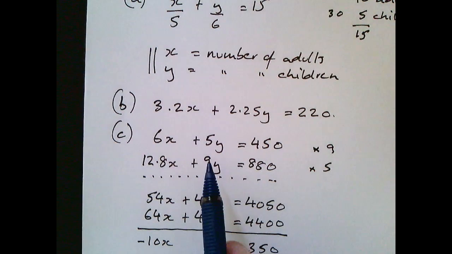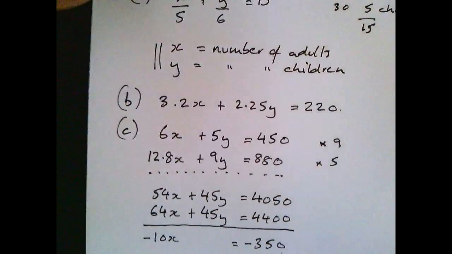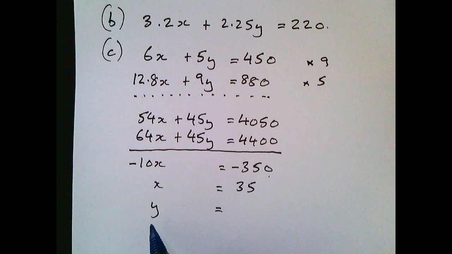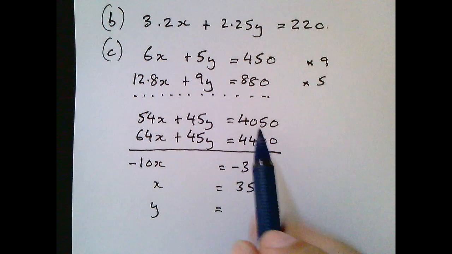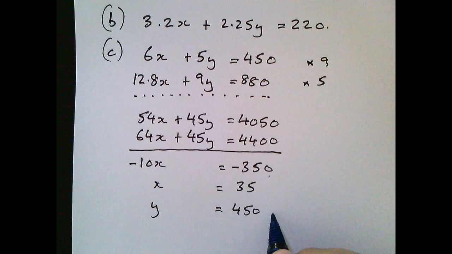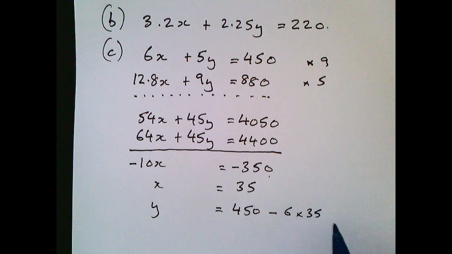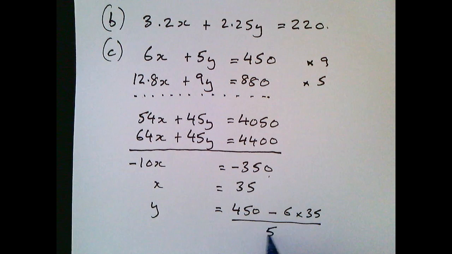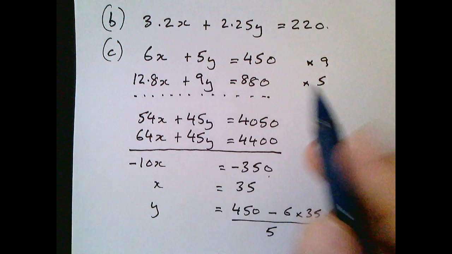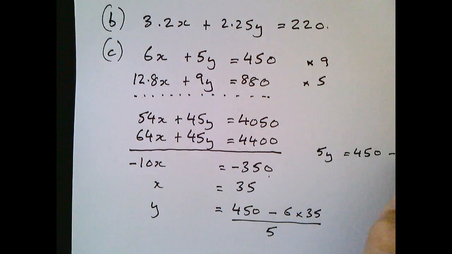We can then plug that back in here. So y is, oops, gone off again, I keep on doing that. If we plug it back into this equation, y is 450 minus 6 lots of 35, all divided by 5. So this equation we can rearrange as 5y equals 450 minus 6x.